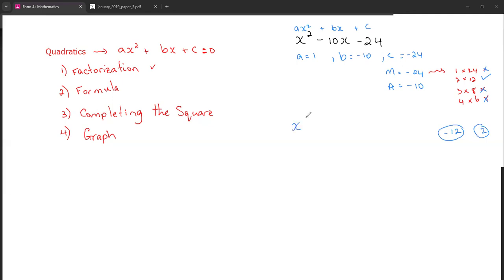So in your quadratic, we're going to use those two numbers to break up the middle term. So the first term stays the same. The last term stays the same, sign and everything.